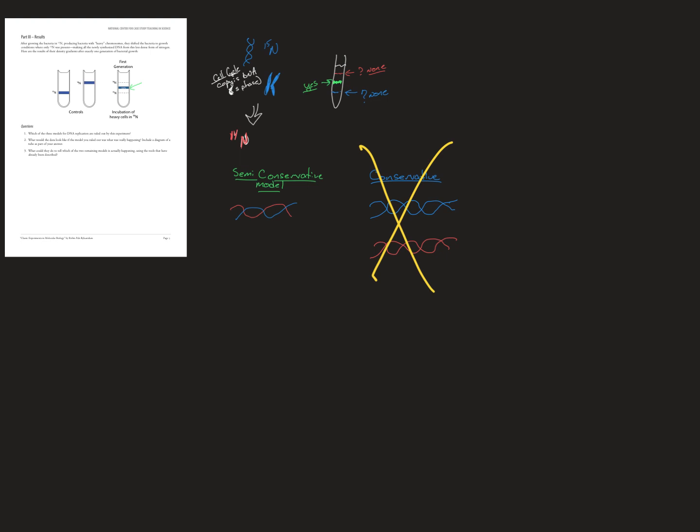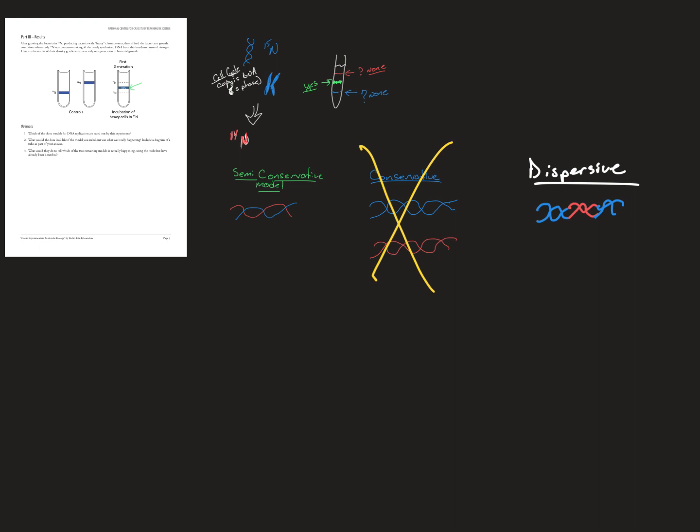Lastly, we have the dispersive model. In the dispersive model, we grew it in nitrogen 15, so there'd be heavy, and then we used part of that as a template, and we interspersed it with some of the new. So there's some old and some new mixed in, dispersed within the DNA.